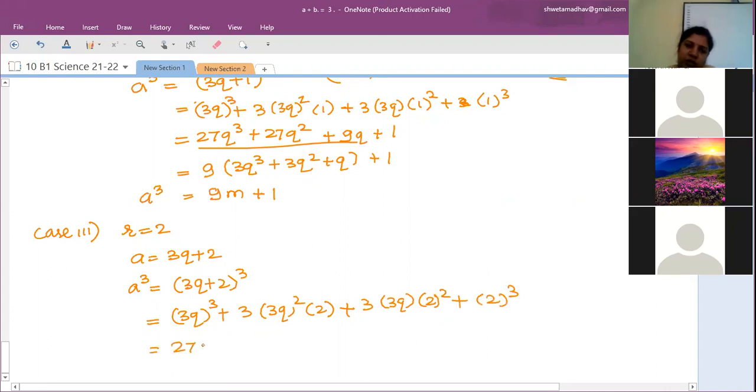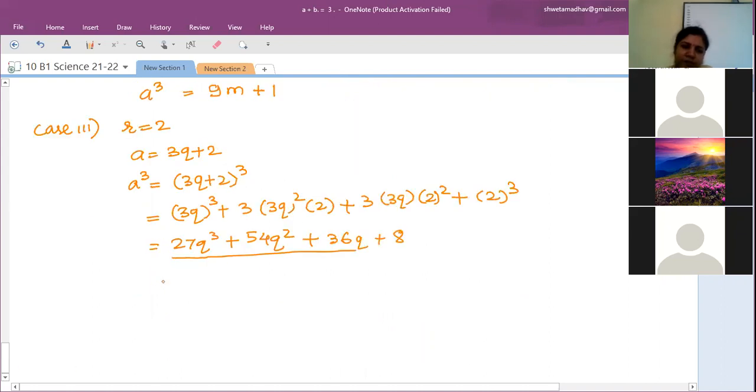So this is equal to 27q cube plus 3 square, 9. 9 threes are 27, 27 twos are 54q square, plus 2 square is 4, 4 nines are 36q, plus 8. Out of that, from the first three terms, we can take 9 common. So 9 times (3q cube plus 6q square plus 4q) plus 8. So this is equal to 9m plus 8, the value of a cube.